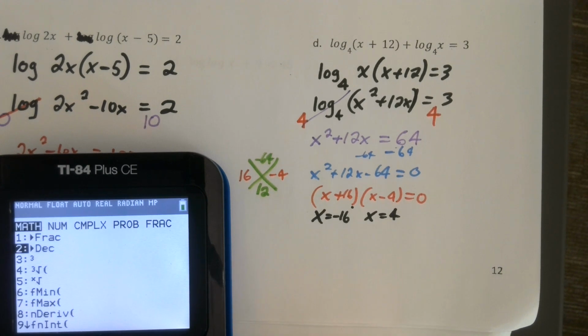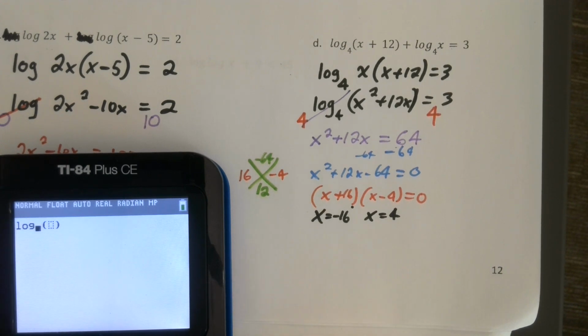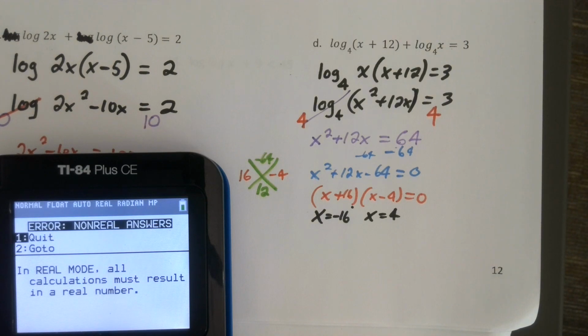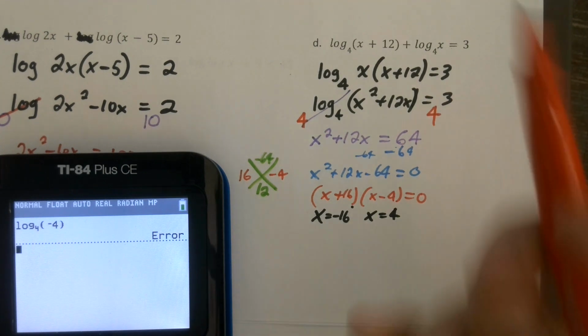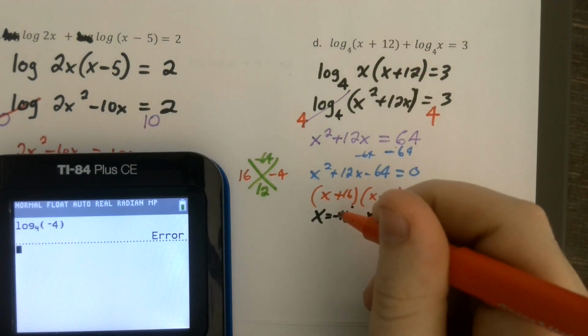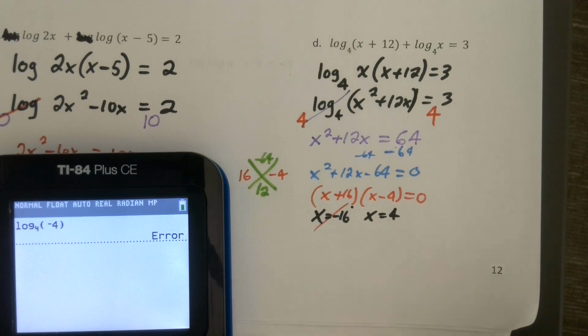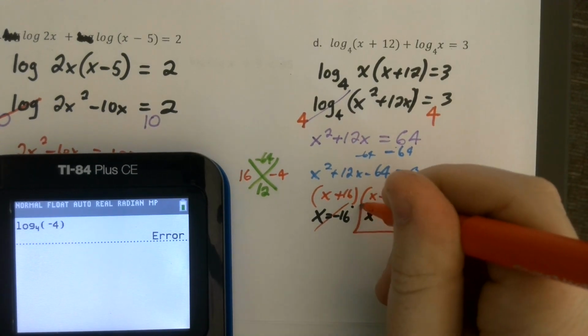And can we take log base 4 of negative 4? Is there any number that we could take 4 to the power of and get negative 4 as an answer? Not going to happen. We know that our extraneous solution is the negative one here because we can't take a logarithm of a negative number. Done. Our answer is x equals 4.